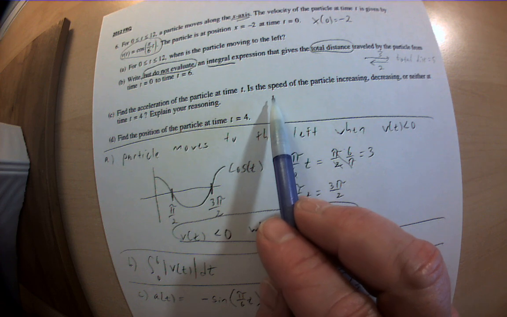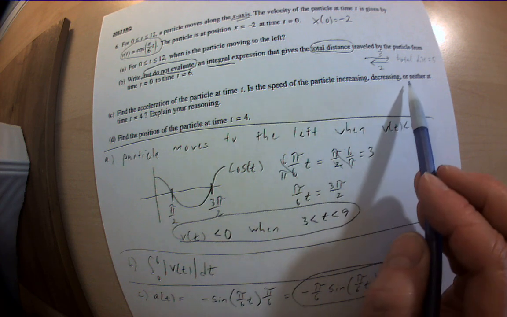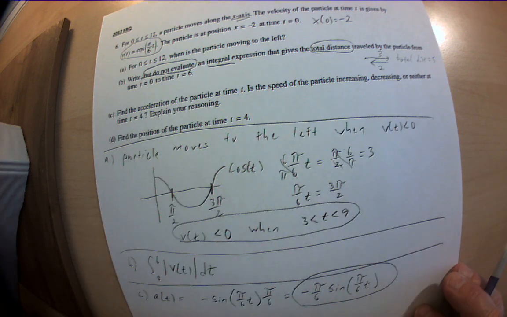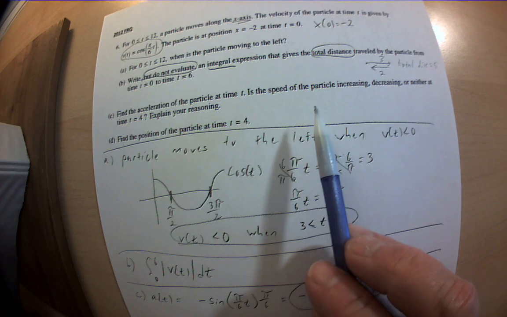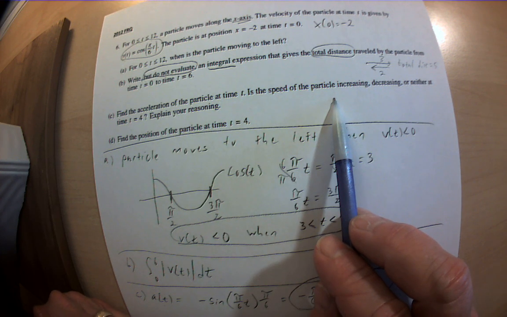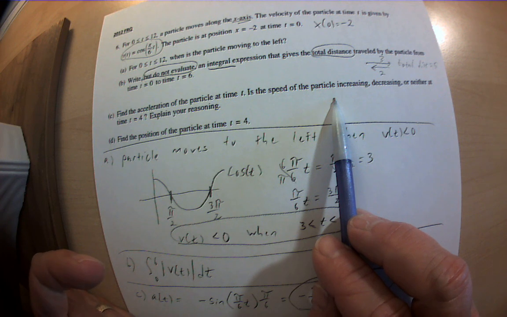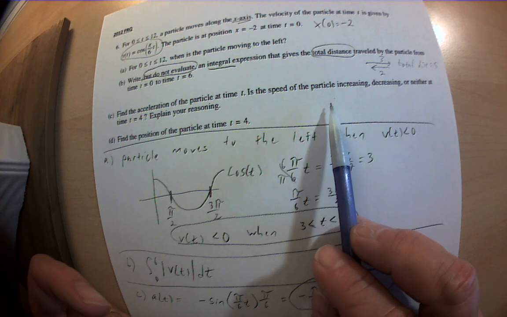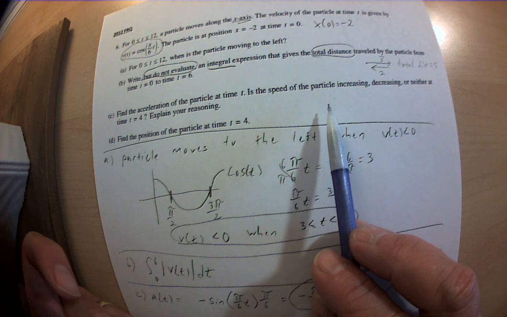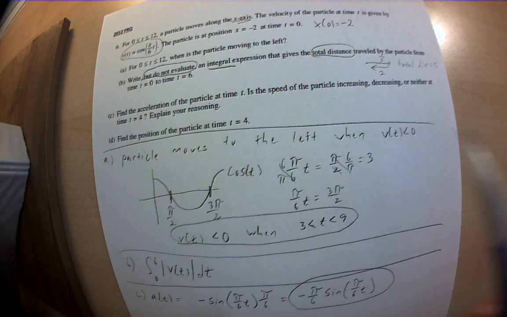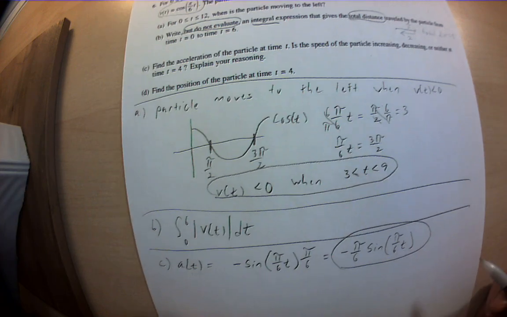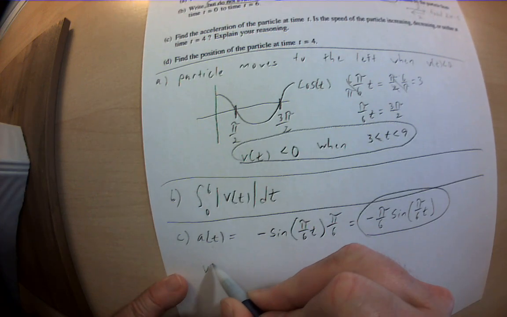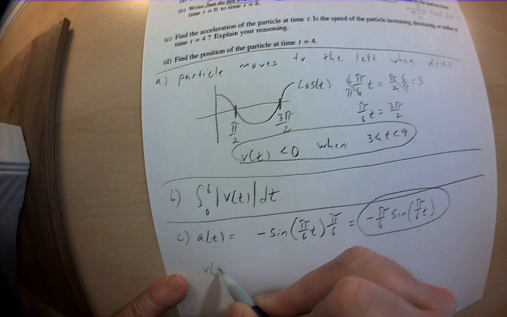Then it asks, is the speed increasing, decreasing, or neither at time t equals 4? Remember, the speed is increasing if the acceleration and the velocity have the same sign. My speed's increasing if the velocity is positive and I'm accelerating positive. The speed is also becoming greater if the velocity is negative and I'm accelerating negative, because speed is the absolute value of velocity. So I need the velocity at time 4.